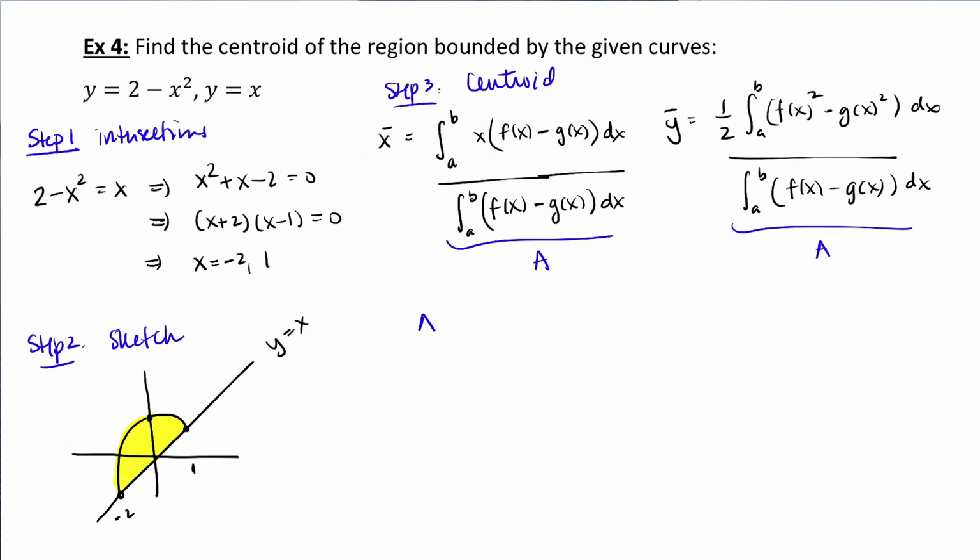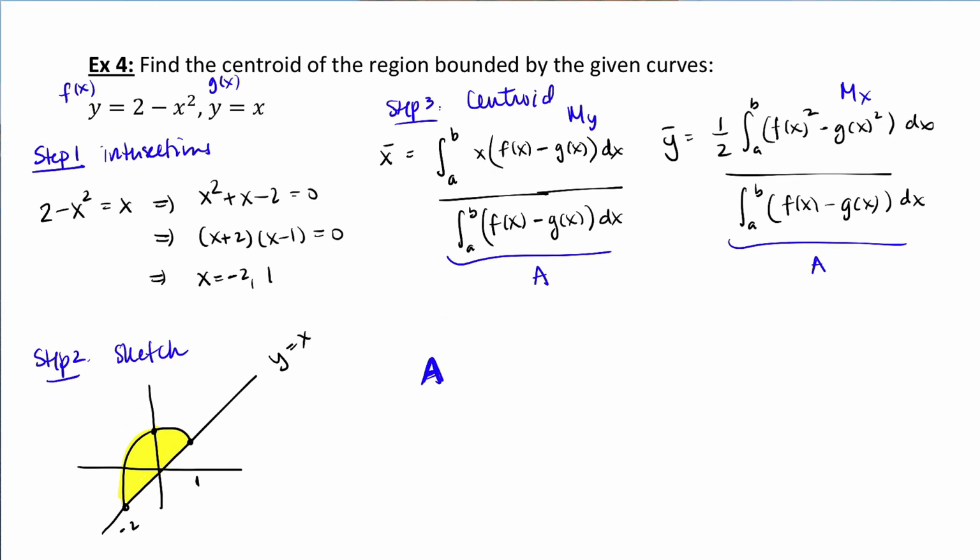So then A is equal to, for both coordinates, I mean, the integral from -2 to 1 of f of x, which is 2 minus x squared minus x, and then dx. And I can do this term by term, so I get 2x minus x cubed divided by 3 minus x squared divided by 2, the whole thing from -2 to 1.